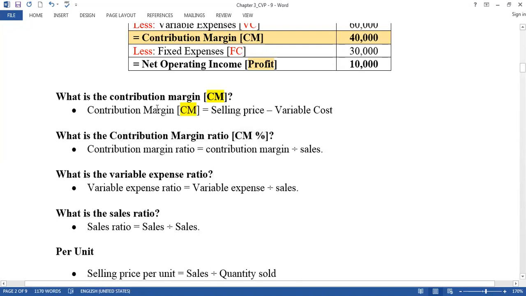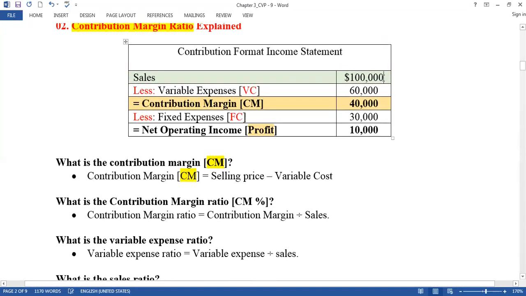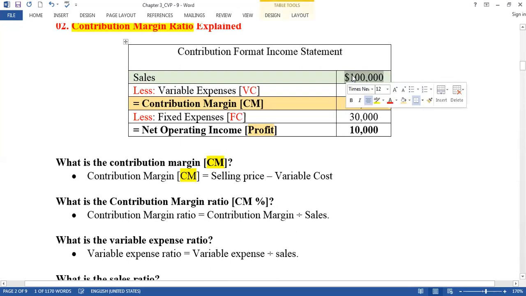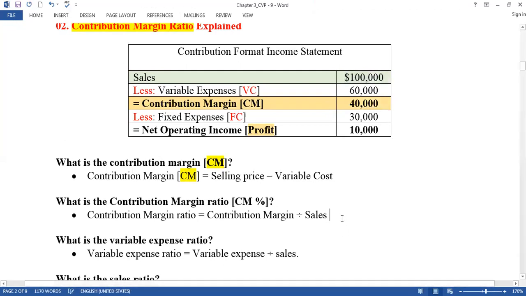Now how to calculate this? We already know how to calculate contribution margin. So the contribution margin ratio equals contribution margin divided by sales. Sales is given, look here, sales is $100,000, and the contribution margin is $40,000.